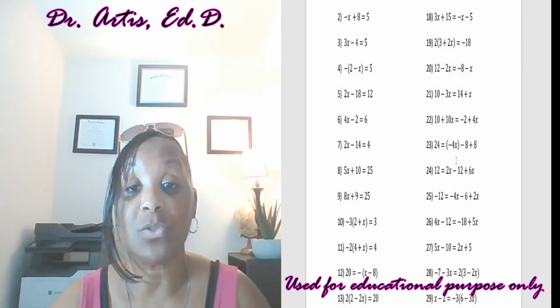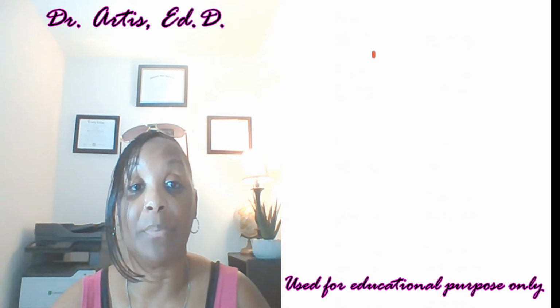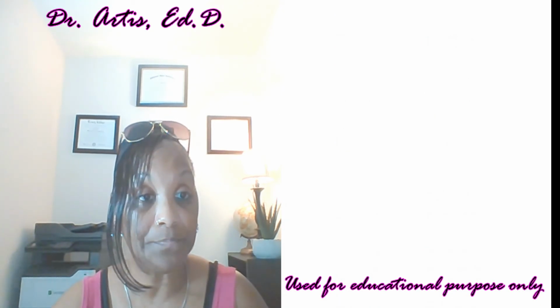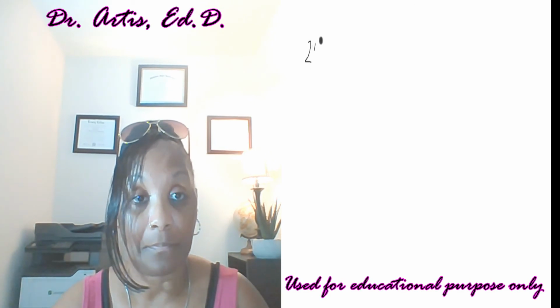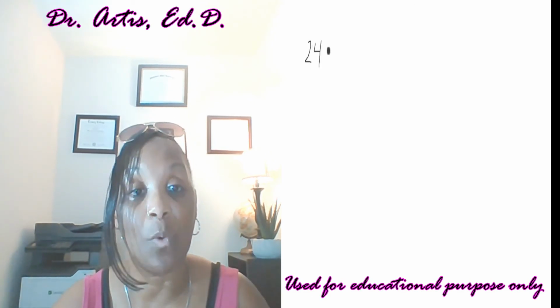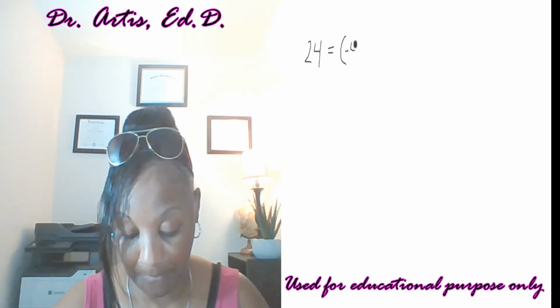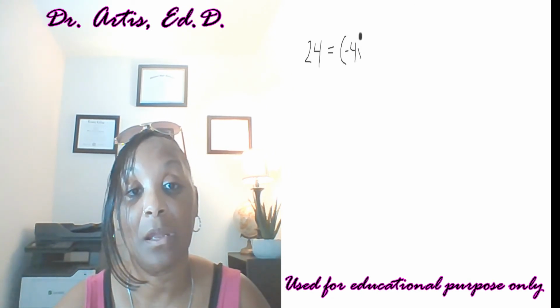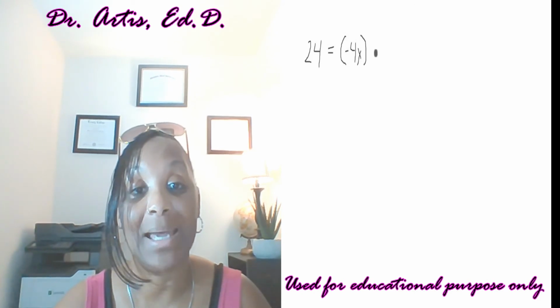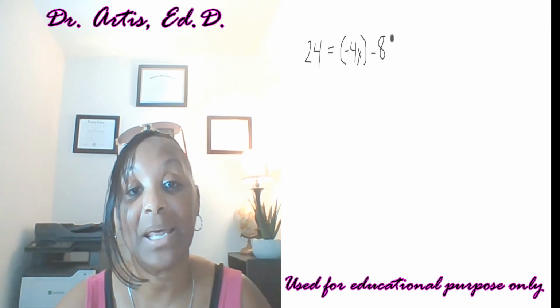So now let's go to the board and solve this problem here. I'm going to write it out. We have 24 equals, open parentheses, negative 4x, close parentheses, minus 8 plus 8.